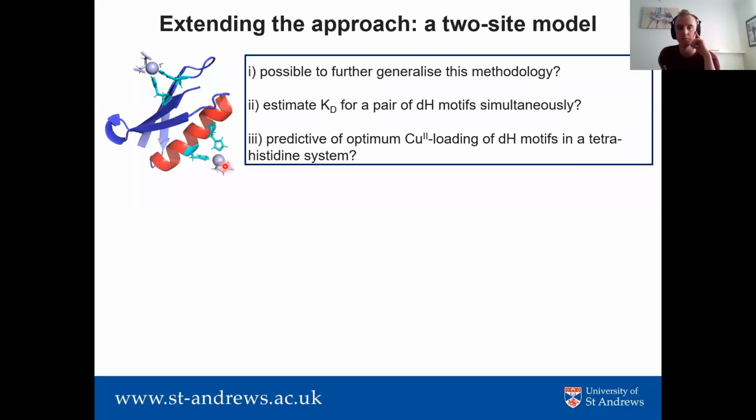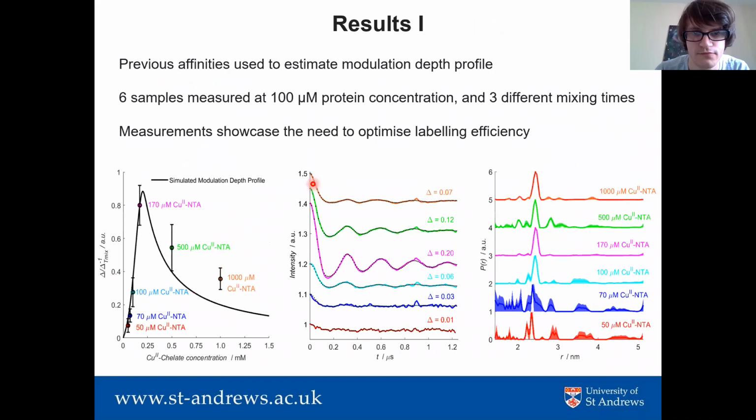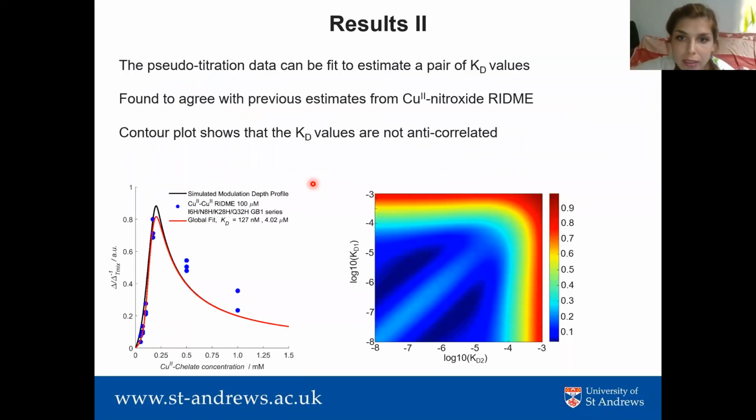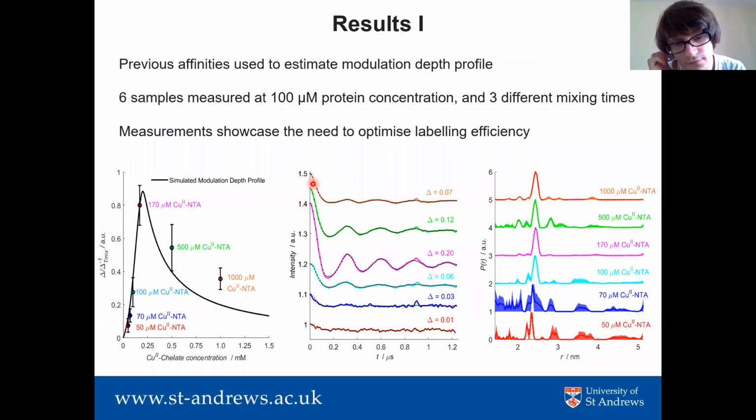Okay. Then Angeliki. Hi, Josh. Thanks for the nice talk. I want to ask you about the copper-copper RIDME. Maybe if you can go there with the KDs. So yes, like this slide and the previous one you showed. Basically here you said that we have the extra distances in the distance distributions because we have some probably unspecific binding of the copper, right? Yes. And this is more pronounced probably at the higher concentrations, right?